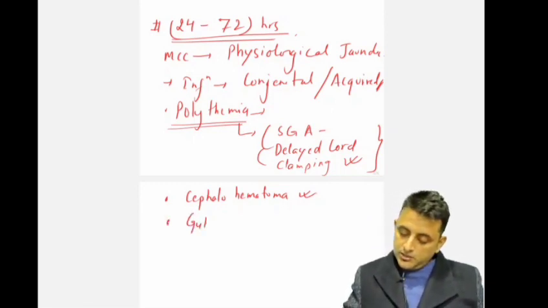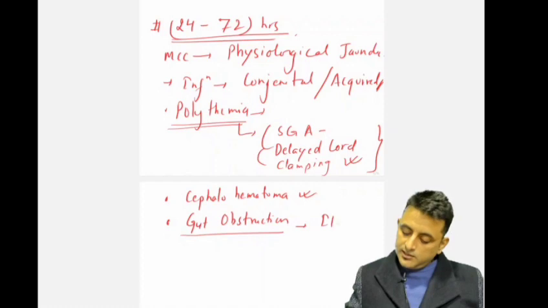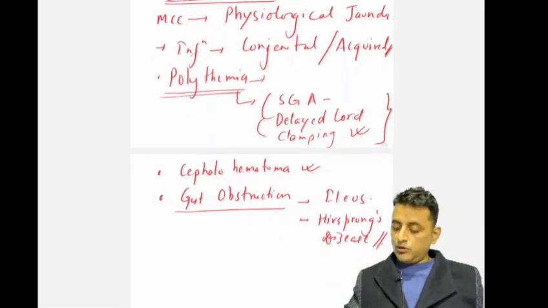Sometimes gut obstruction, like in meconium ileus and Hirschsprung's disease. In these conditions, it can lead to prolonged jaundice.